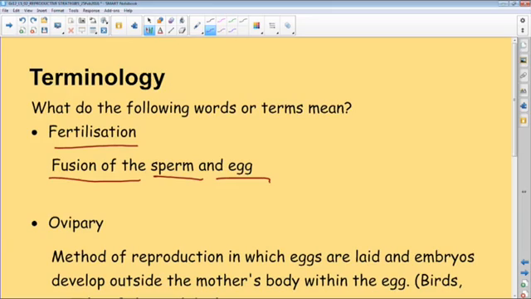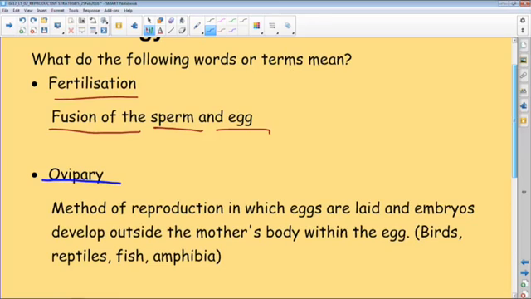The next ones are quite cool. I love these. We always talk about them, and they confuse you. The first one is oviparity, oviparous in other words. It's a method of reproduction where eggs are laid, and an embryo develops outside of the mother's body within an egg.